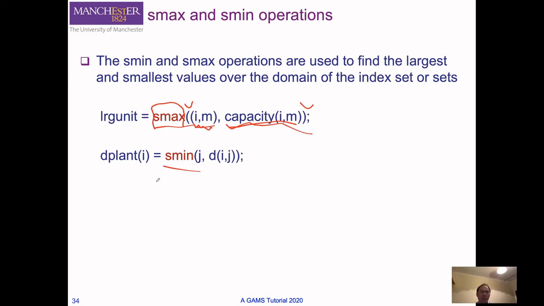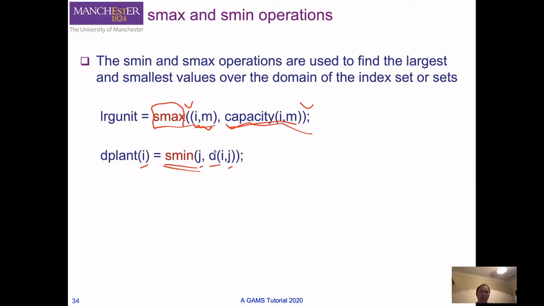In this example, for each index i, we want to find the minimum value of d over the domain of j. Then we use the keyword smin. Then the index here, we only use the index j. Don't include the index i because for an element from set i, we want to find the minimum value of d over all j.